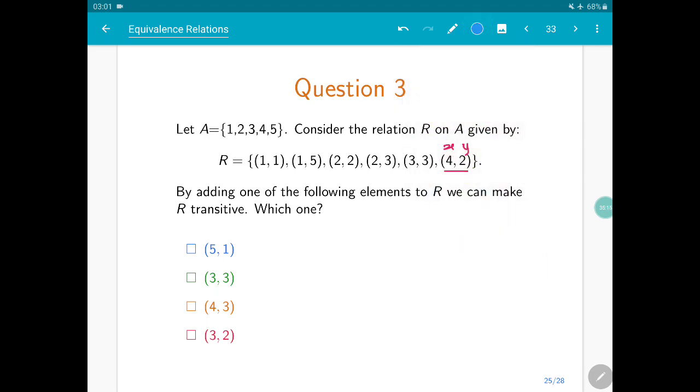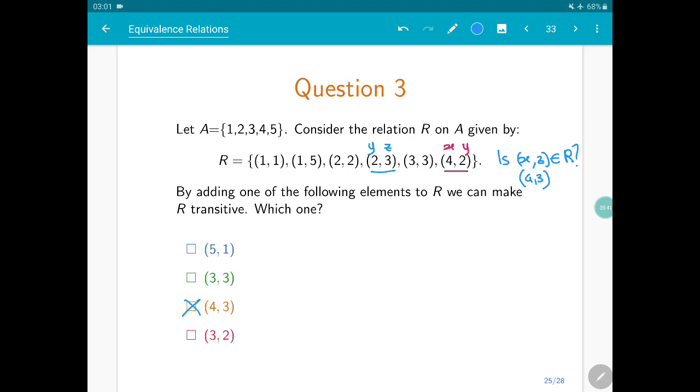Then I have (2,3). So in some sense, this is the same y, and then 3 is a new z. But is (x,z) in R? Well, (x,z) is (4,3), which is not in R, and so it is what I have to put.